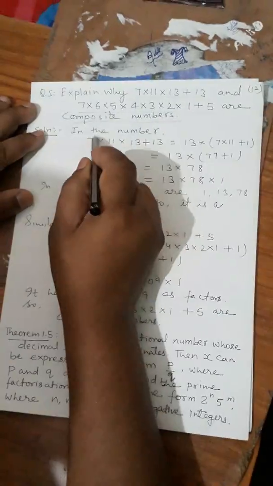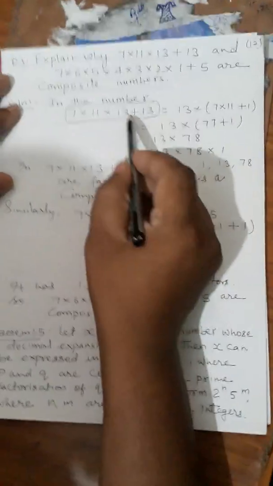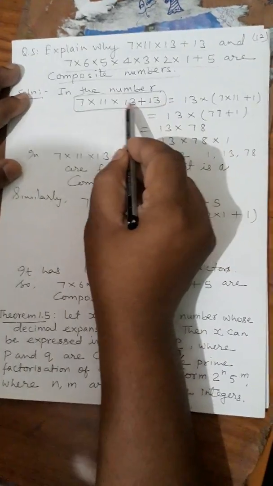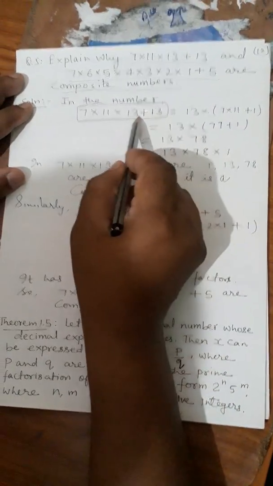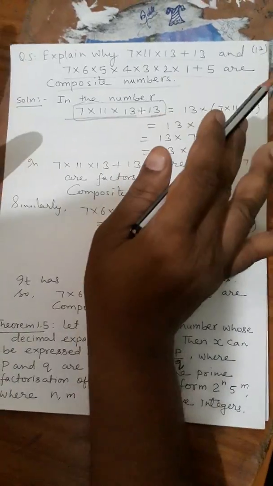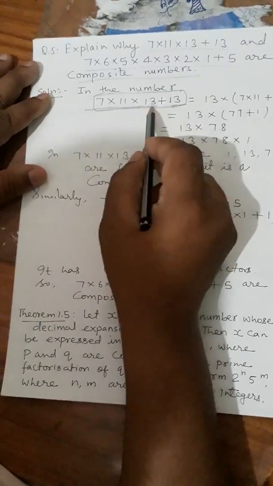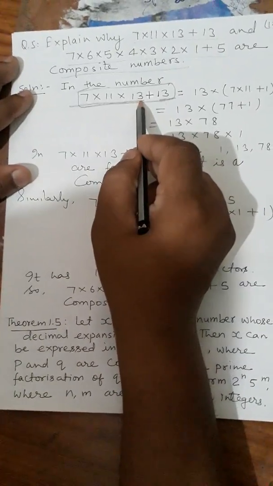Now look, in this number 13 is written in multiplied form and after that plus 13 is there. So there are two terms. From both terms we can take 13 common, as a process of factorization.